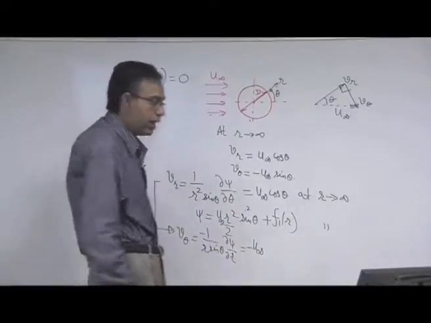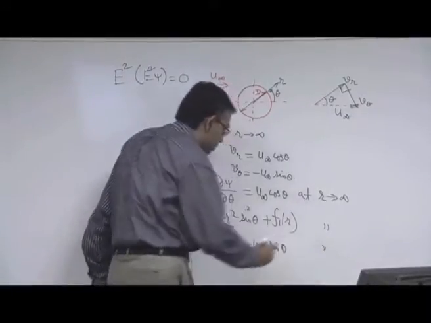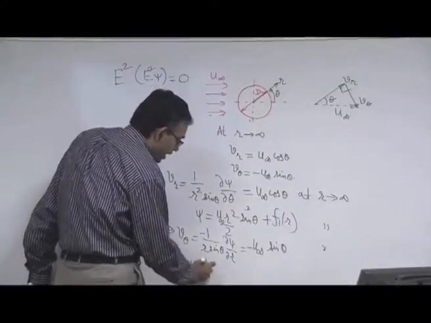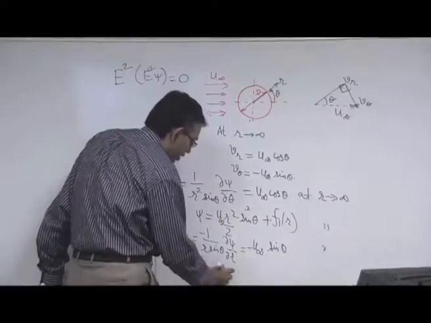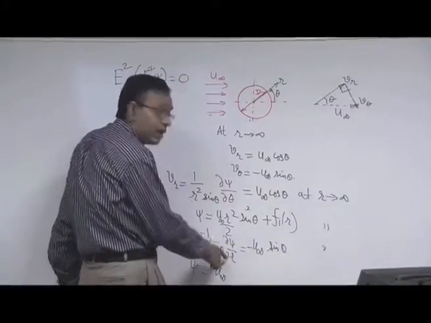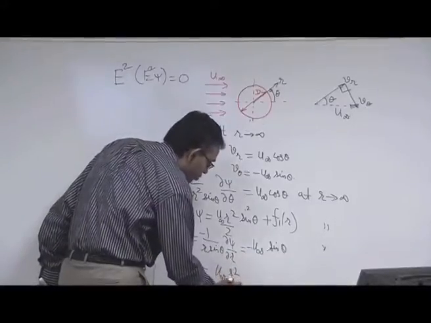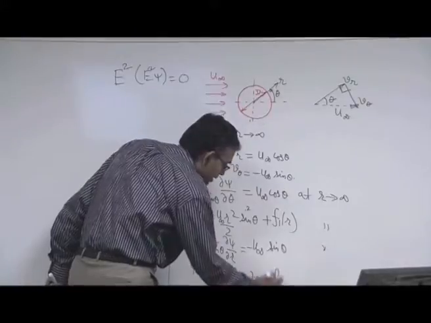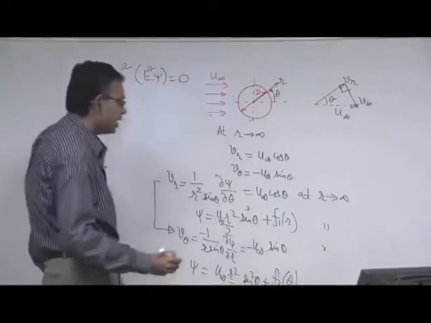The minus sign is there. This is equal to minus u infinity sin theta at r tends to infinity. If you integrate this now with respect to r, this is u infinity, integral r dr is r square by 2. So, r square by 2 sin square theta plus some function of theta at r tends to infinity.